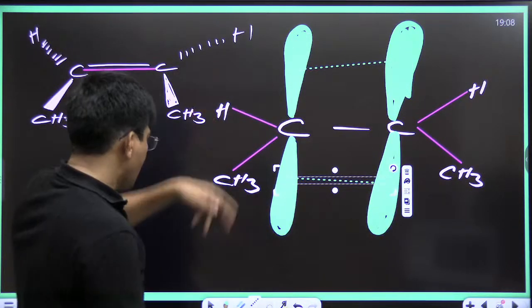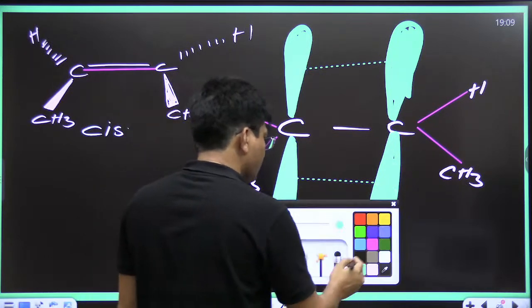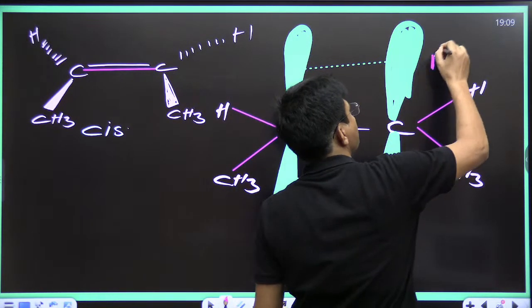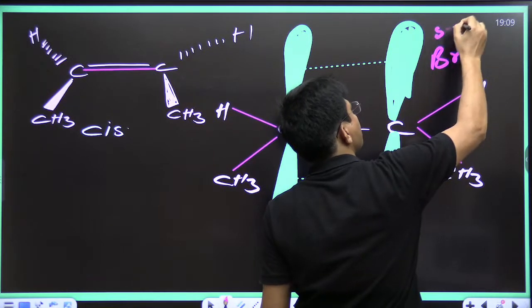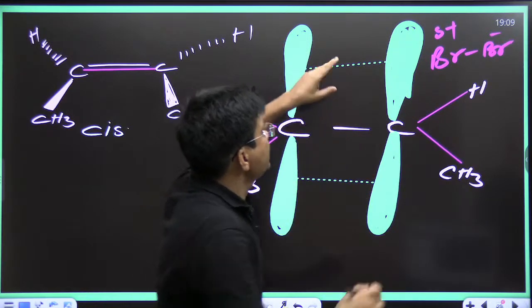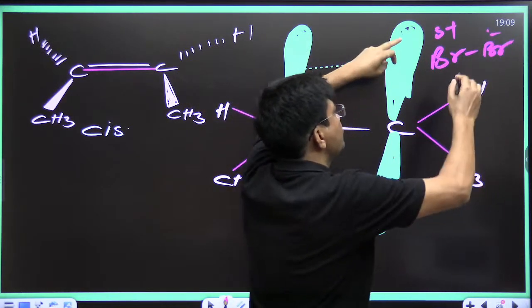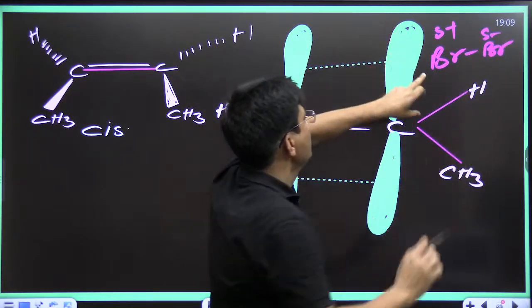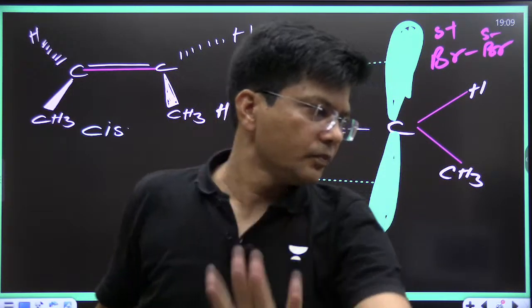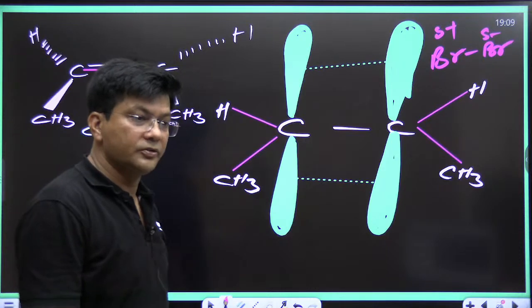Now, Br2's Br is going to attack. This is Br delta positive, Br delta negative. Let me know on which lobe the Br is going to attack. Now, this Br plus has four possibilities.